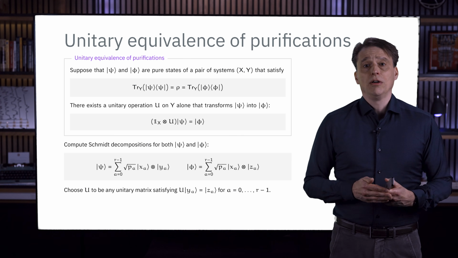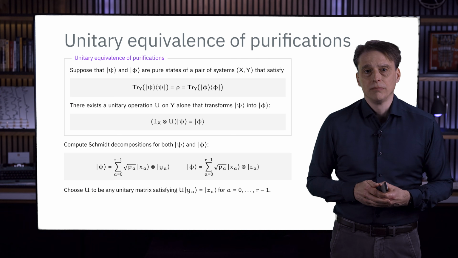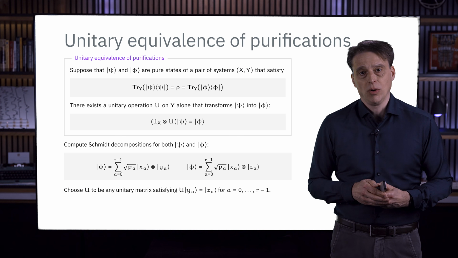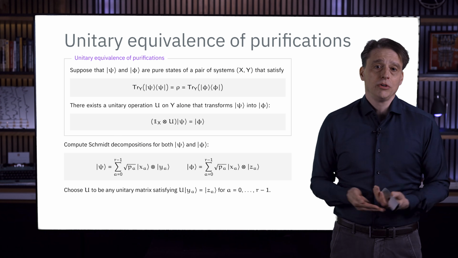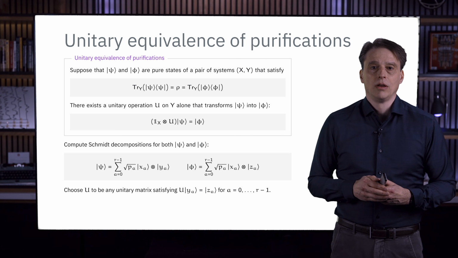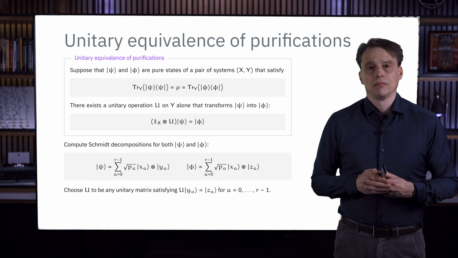Unitary operations are, in fact, equivalent to linear maps that transform one orthonormal basis into another. And if these two sets don't happen to span the entire space corresponding to Y, we can always extend them both to orthonormal bases using, coincidentally, the Gram-Schmidt orthogonalization procedure. And that is how the unitary equivalence of purifications is proved.